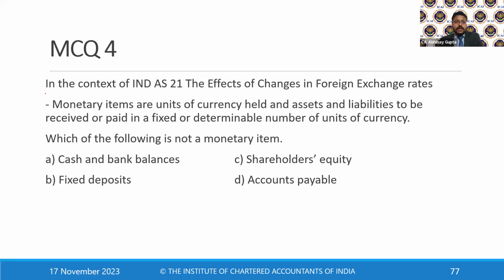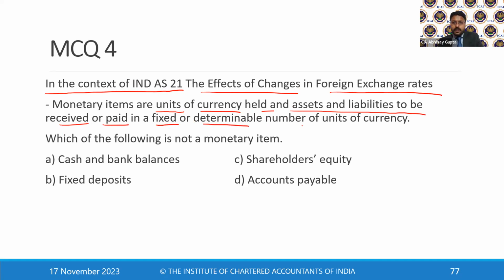Let's do this one. In the context of IND-AS 21, the effects of changes in foreign exchange rates, monetary items are units of currency held and assets and liabilities to be received or paid in a fixed or determinable number of units of the currency, right? So this is the definition of monetary items.